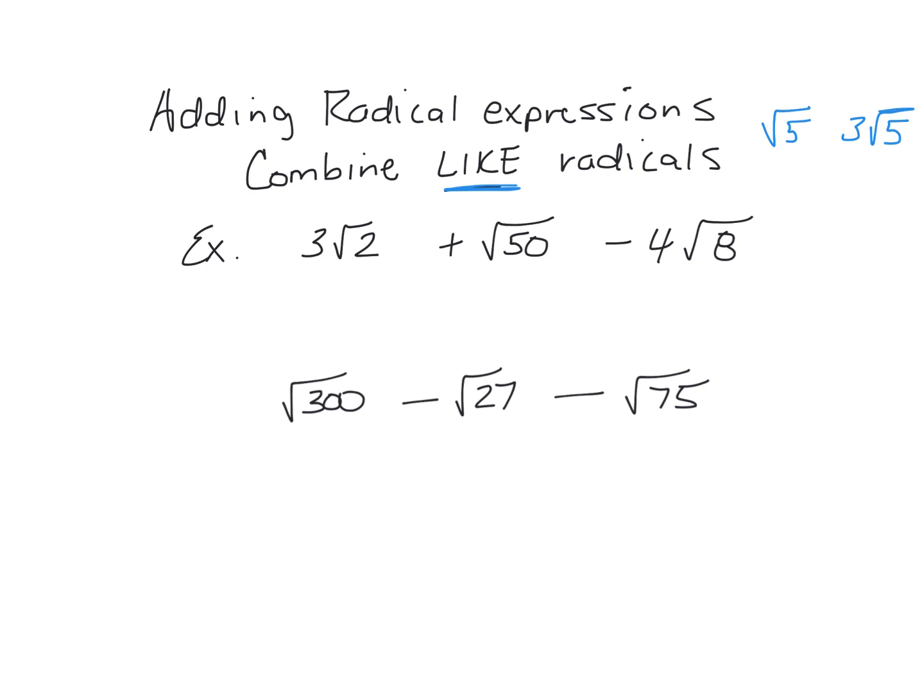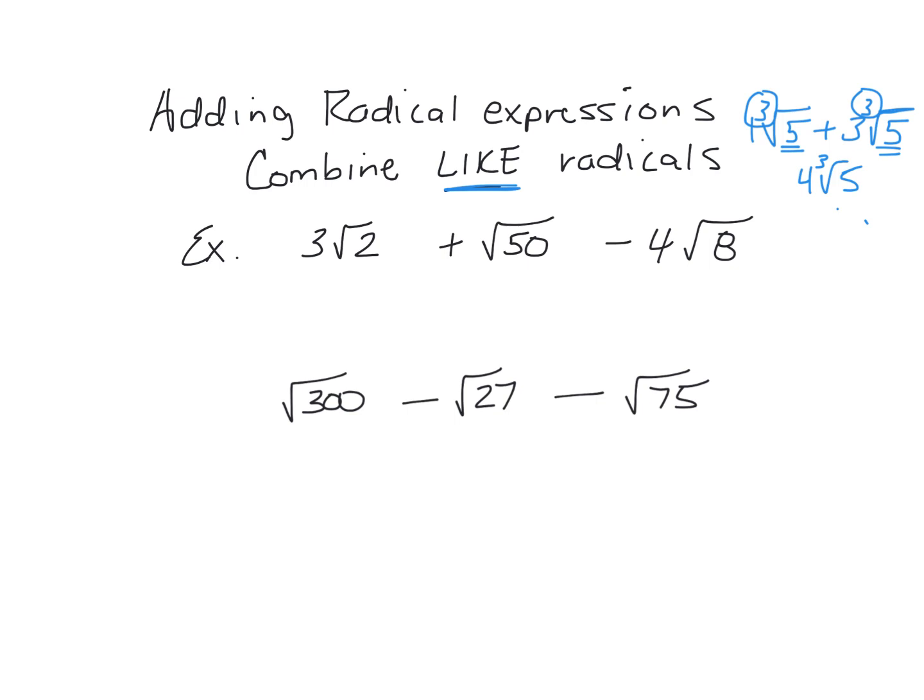Those would be similar terms. And I could combine those to be 4 root 5. If they're both cube roots, the only thing that changes would be 4 times the cube root of 5. So the index and then the radicand have to be the same for them to be like radicals.